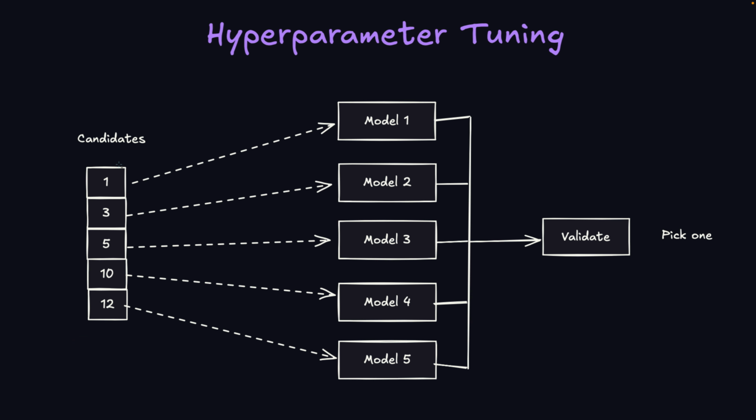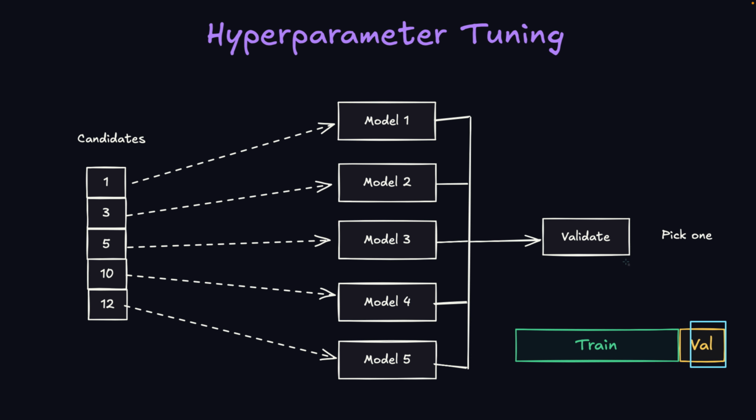Now for each of these candidates, we will train the model. Because we have 5 candidates here, we will get 5 trained models. But for each of those trainings, we'll use the same training dataset and the same validation dataset. We'll use the same training split and the same validation split for training each of these models, and the only difference will be the candidate hyperparameter values that we use. Once the models are trained, we will validate each of them using the validation dataset.